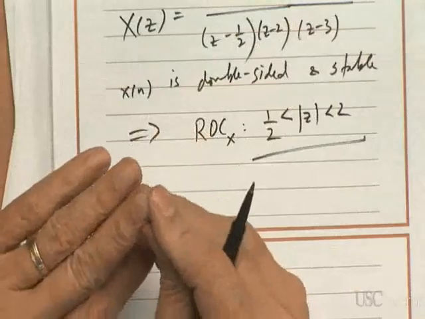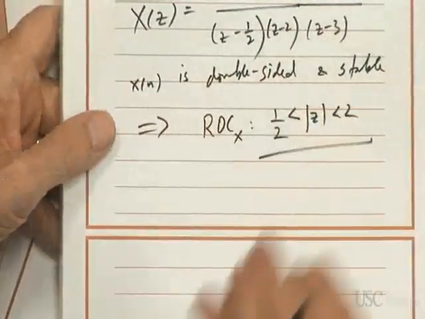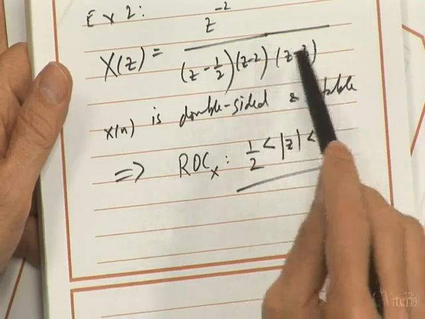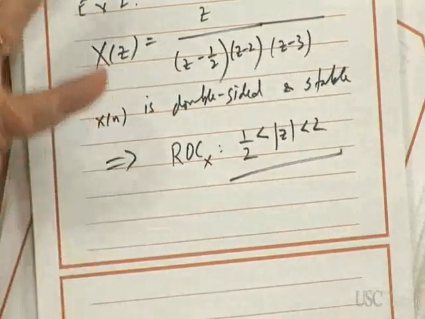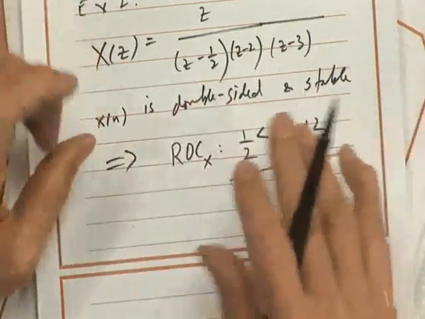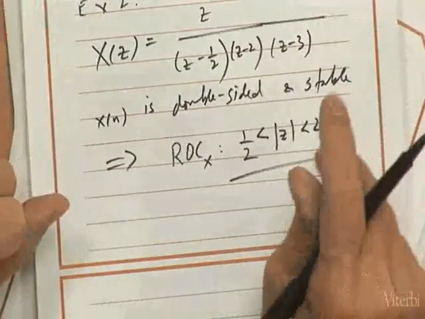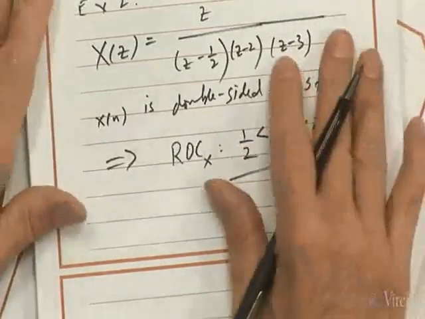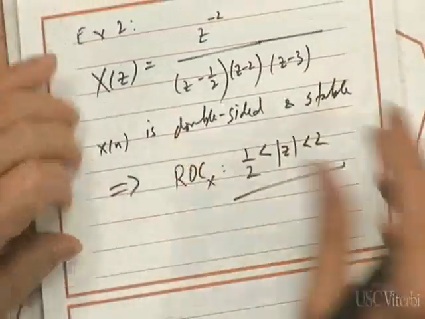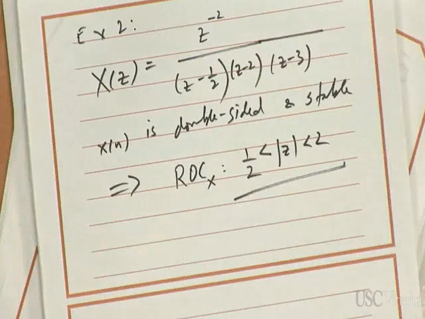If I told you, by the way, in that first example, that x of n was double-sided and stable, remember that the first example, z minus 2, z minus 3, minus 4, then there would be no such inverse transform that was like that, because all of those regions of convergence, those rings, did not include the unit circle in the previous example. In this example, they do. The one between 1/2 and 2 fits the bill.